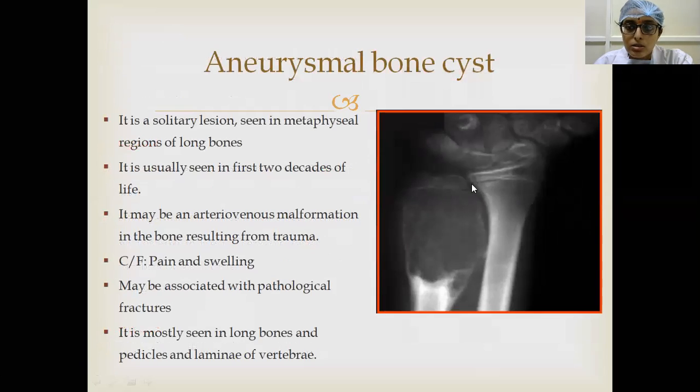Even in this X-ray, the physis is not closed. Predominantly this is a metaphyseal tumor, whereas GCT is an epiphyseal tumor, with the epiphysis extending into the metaphysis. GCT is seen in mature skeleton, and aneurysmal bone cyst is seen in immature skeleton. So these are a few differentiating features of GCT and aneurysmal bone cyst.